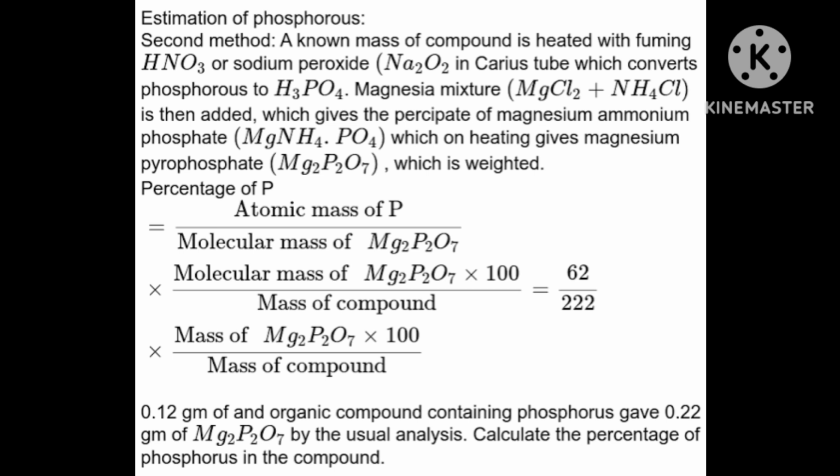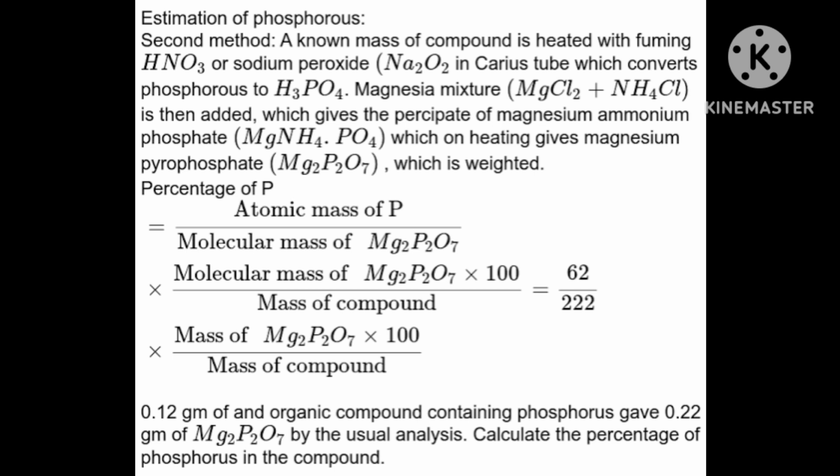Alternatively, the phosphoric acid you got may be precipitated as magnesium ammonium phosphate by adding magnesia mixture, meaning magnesium hydroxide, which on ignition yields Mg2P2O7.